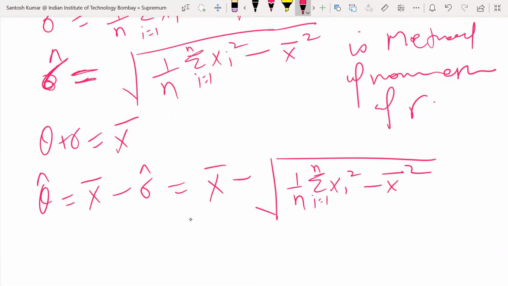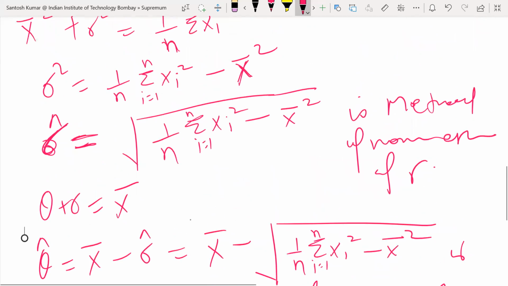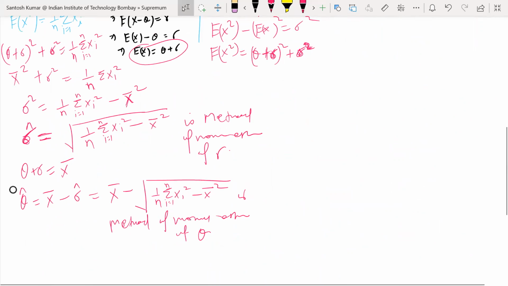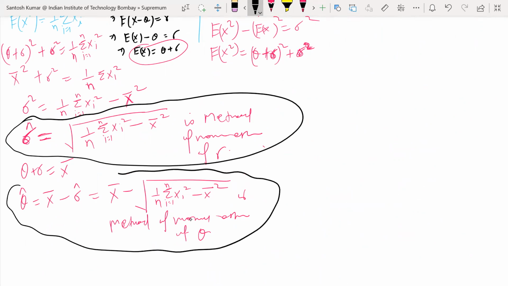This is the method of moments estimator of theta. So we got this answer. This is the method of moments estimator of sigma and this is the method of moments estimator of theta.